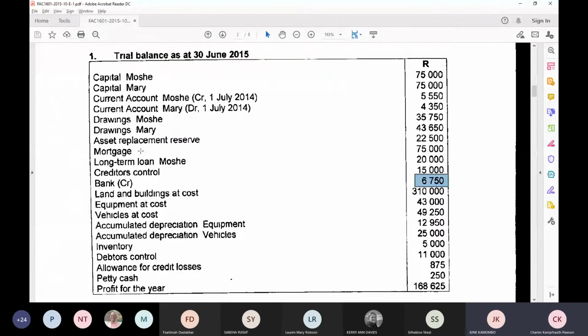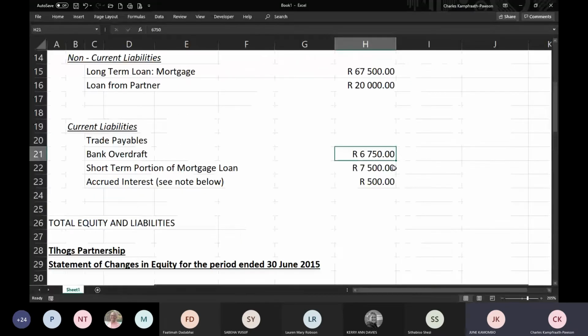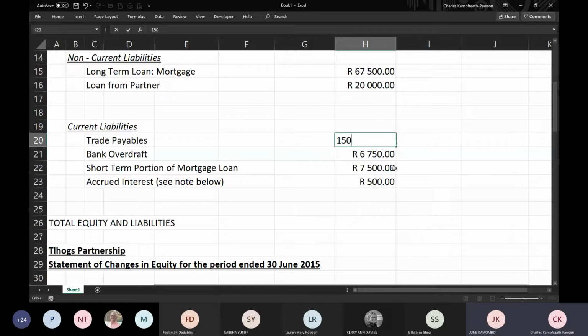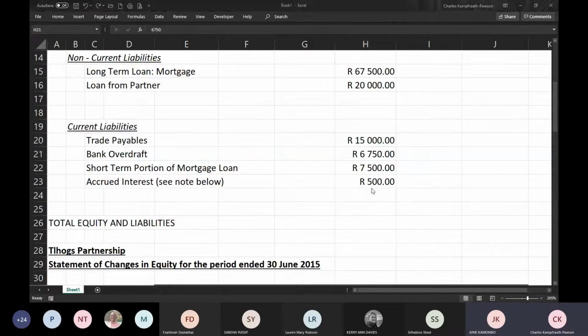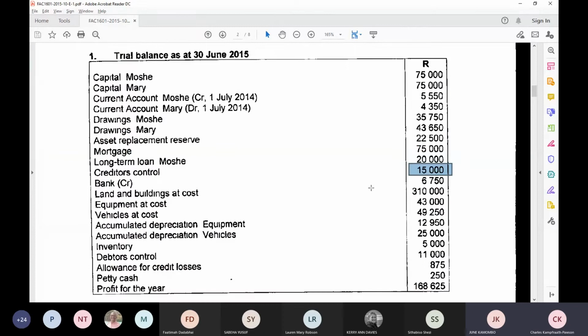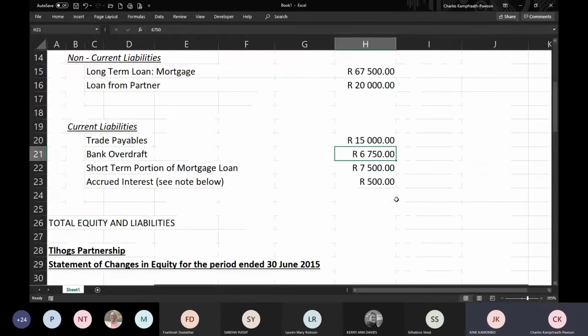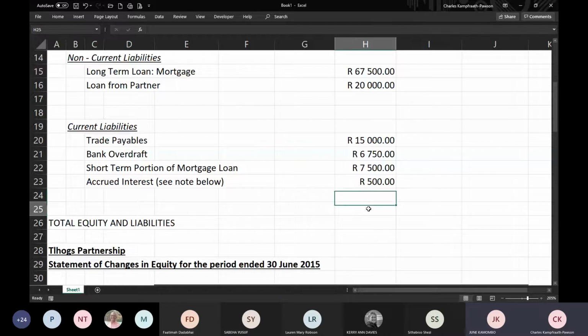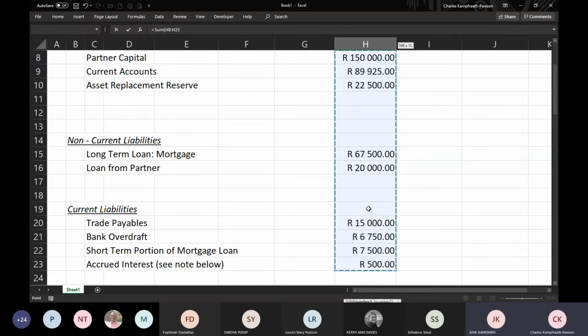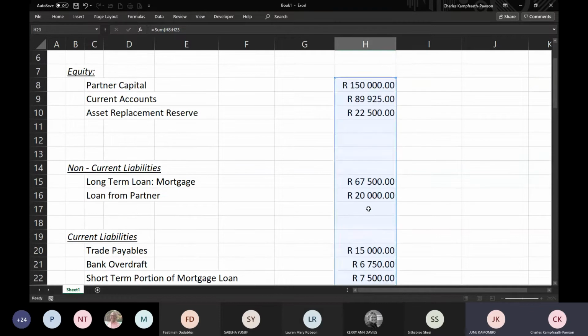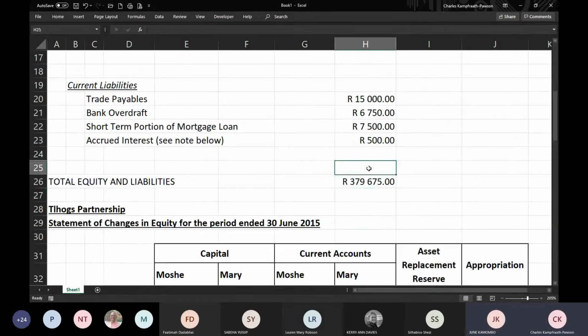Trade payables, creditors control, 15,000. I don't think there's anything else that we've missed. Okay, everybody happy? Super. Any questions?